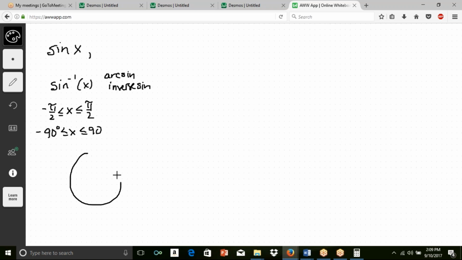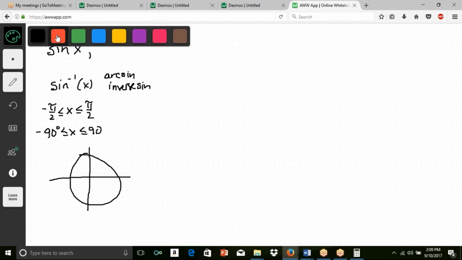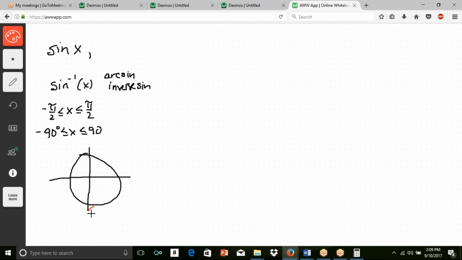So if I'm drawing my unit circle right here, it's going to be between negative pi over 2 and pi over 2, right? Because this is negative pi over 2 down here, and then this is positive pi over 2. So that's what goes on with that, okay?